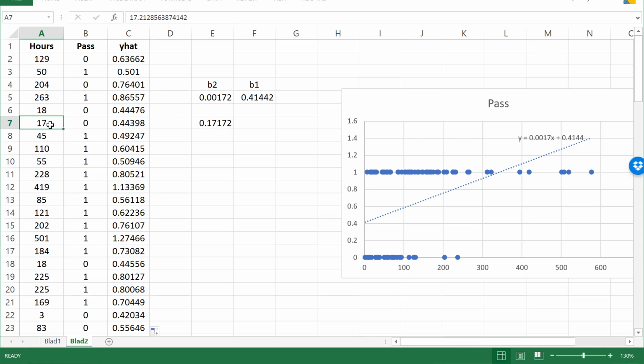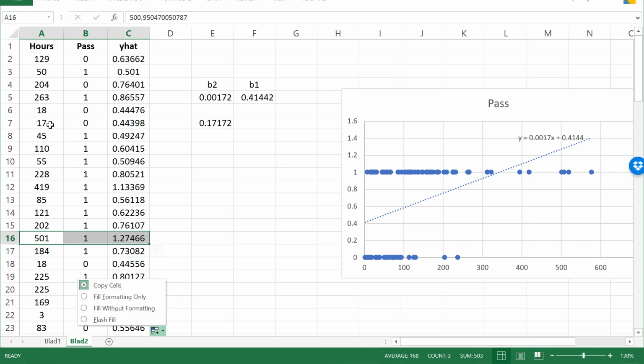So this student, who has studied 17 hours, with 1 hour of additional studies will increase the probability of passing the exam by the same amount as this student, who has already studied 501 hours. That just doesn't make sense.